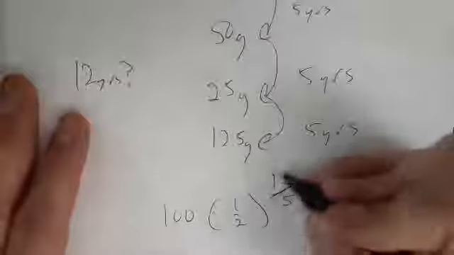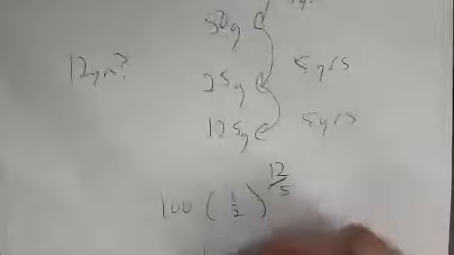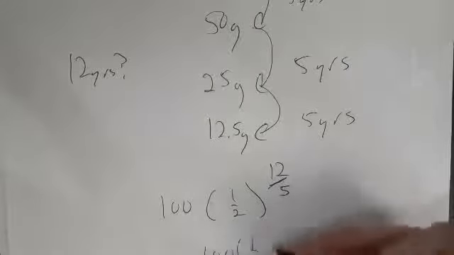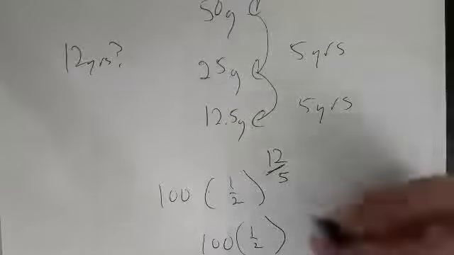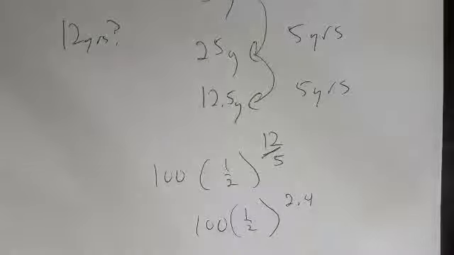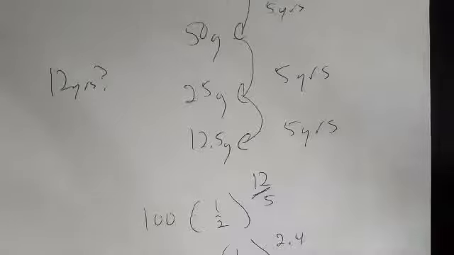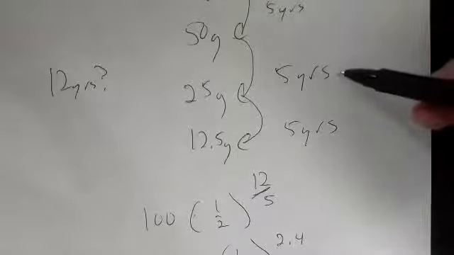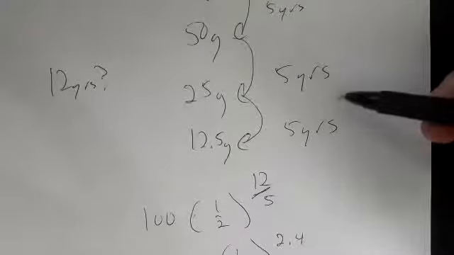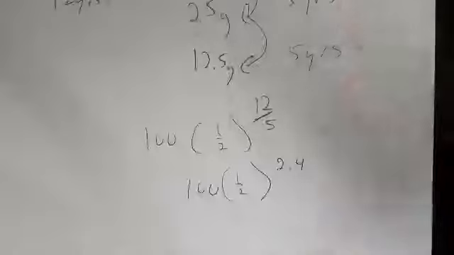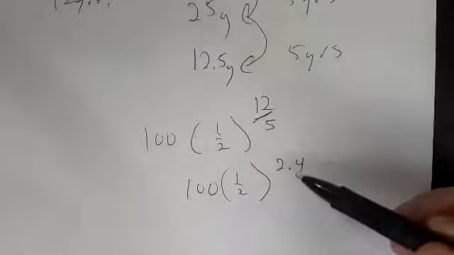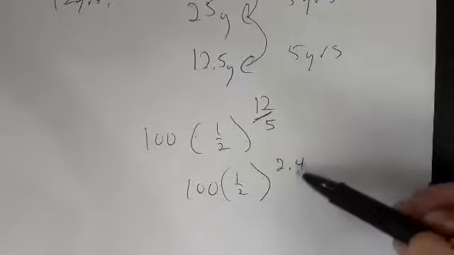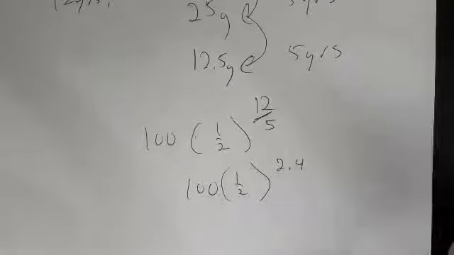So if we want 12, you might notice 12 divided by 5 is what, 2.4? And that's telling me a 0.4 of a half-life as well, right? 12 over 5 means we're going 2 half-lives and a little bit more. We're not going quite 3 half-lives.